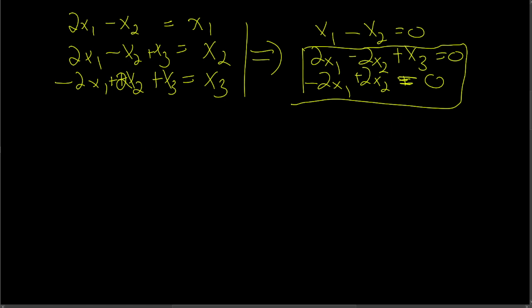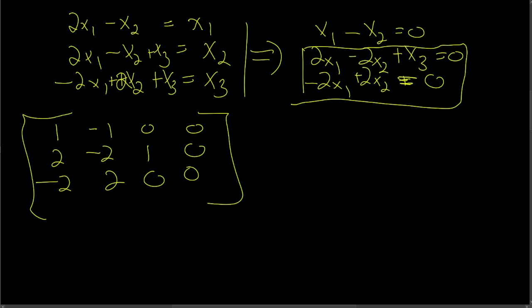Well, let's put this in matrix form and see what this looks like for our matrix. So we have 1, -1, 0, 0, 2, -2, 1, 0, -2, 2, 0, 0. Now, when we have equations where the solution side is all 0, they're called homogeneous equations.